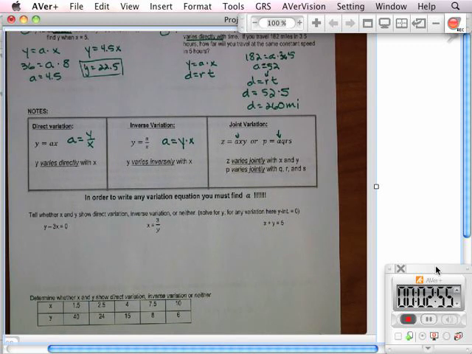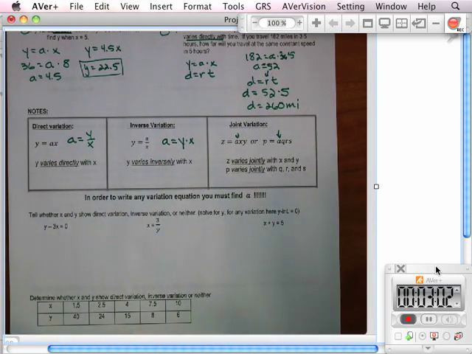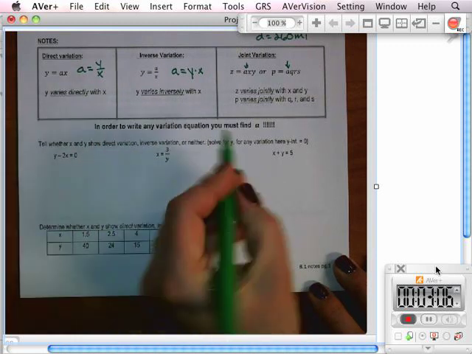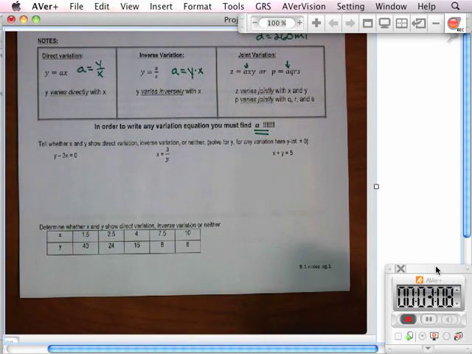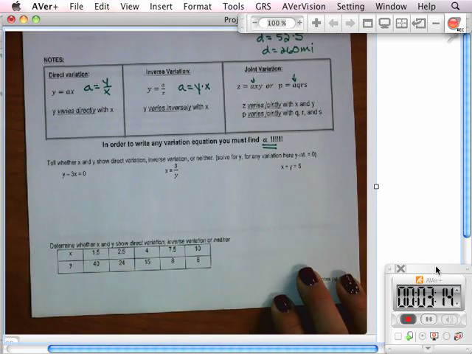That's what it means. So these are just kind of new. These you've seen before. You may not remember, but you have. In order to write any variation equation, you must find a. If it says write the equation, you have to find a. That's what you're doing here, either with this or with this.